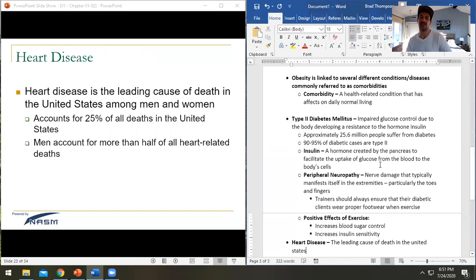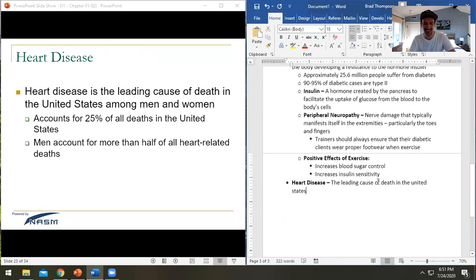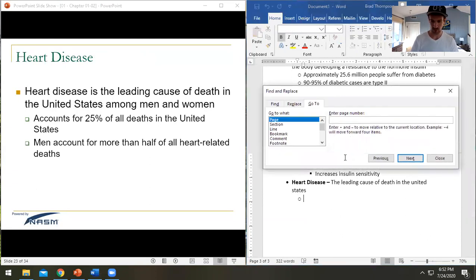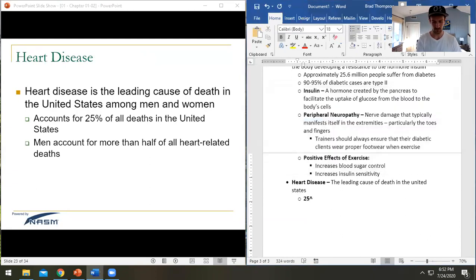Yeah, leading cause of death in the United States. So it accounts for 25% of all deaths. That's crazy. Wow. Isn't that insane? That is a lot of essentially preventable deaths.